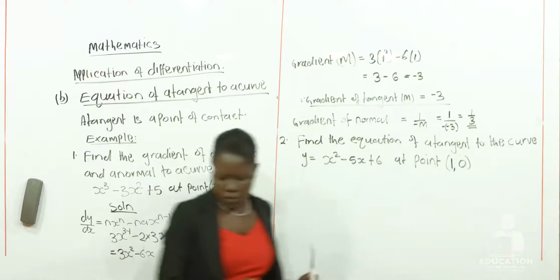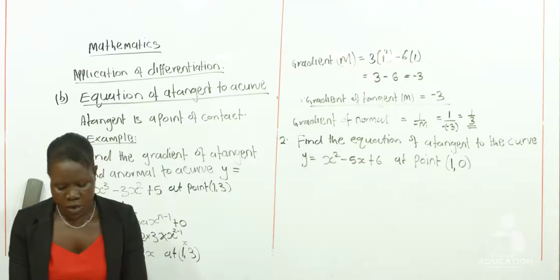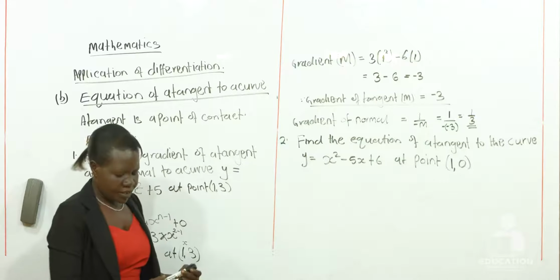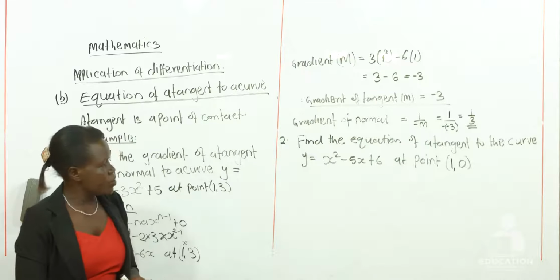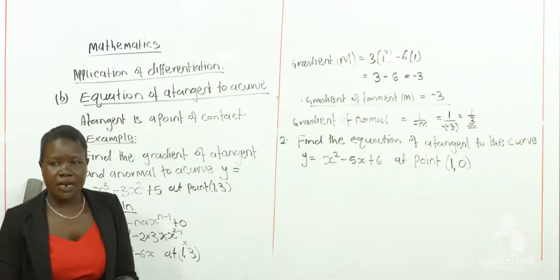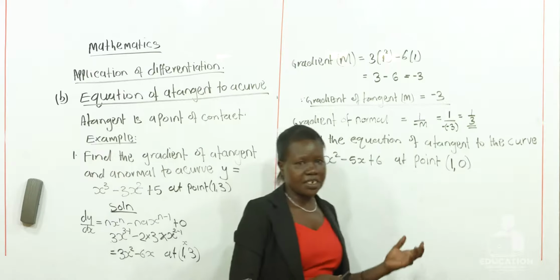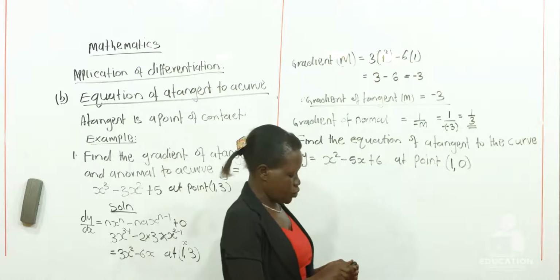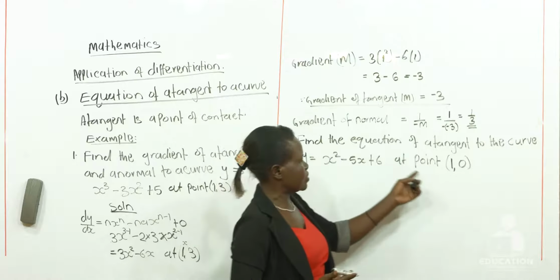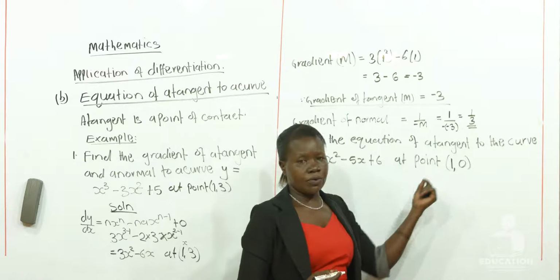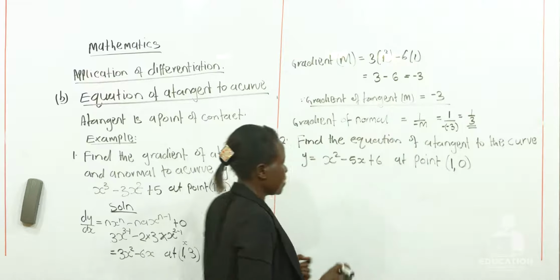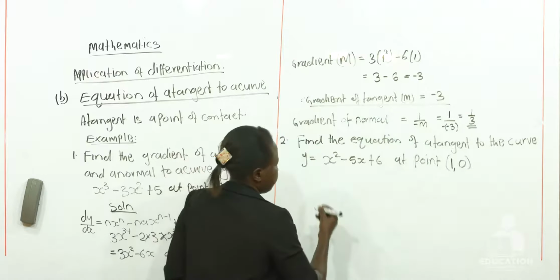If we are asked to find the equation of a tangent, you cannot find it unless you know the gradient. So you first find the gradient of the tangent before you get the equation of the tangent.